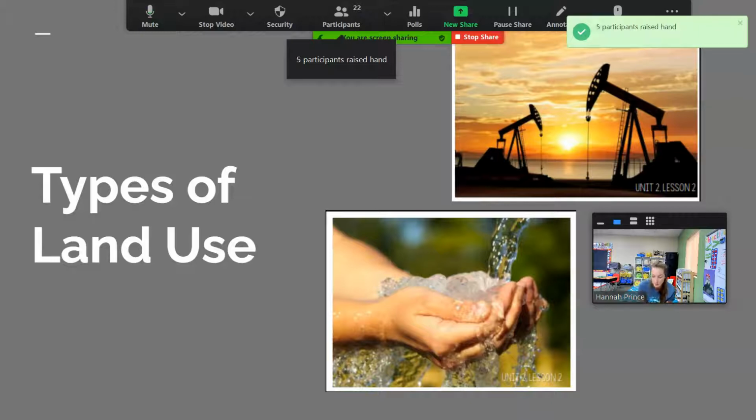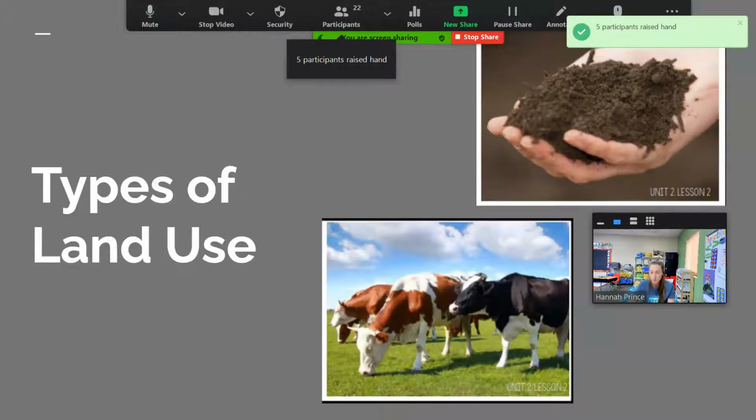Excellent job. We have a couple more pictures up here. Ooh, the top one, dirt. This is an important natural resource. I want somebody to explain what would happen if we didn't have dirt. Why is this an important resource?